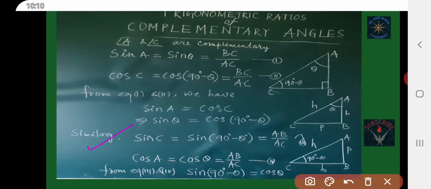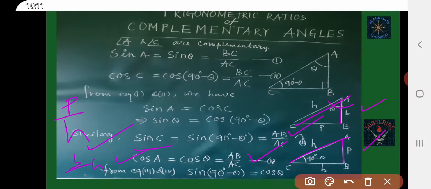Similarly you can write sin C. In this triangle you see, sin C, that is sin means P by H. Here P is AB, H is AC, so AB by AC. Okay, then cos A, you find cos A. Here you see, B by H, here B is AB and H is AC, so AB by AC.